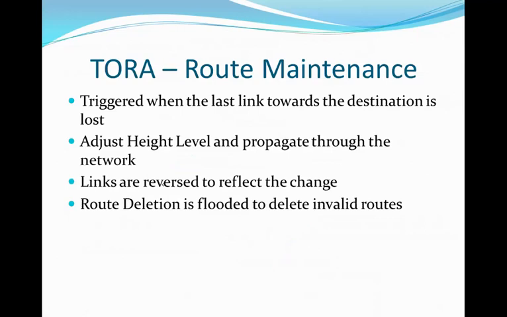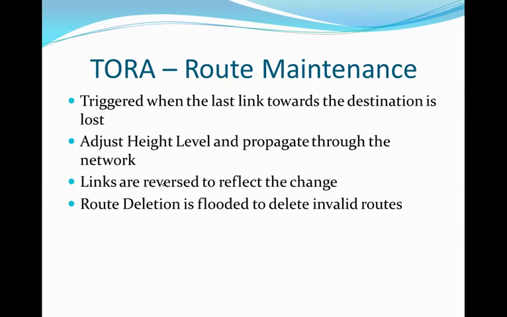The route maintenance in this protocol, TORA, is totally based on triggered updates. When the last link toward the destination is lost, then automatically it will start its height adjustment accordingly, and will propagate this information to all other nodes inside the network.